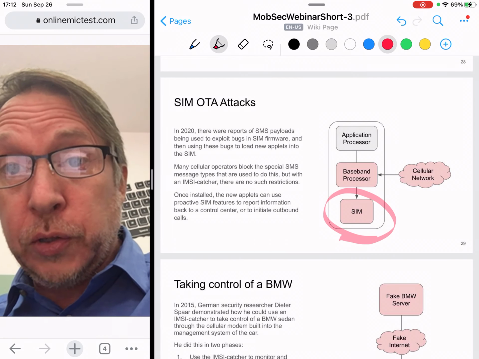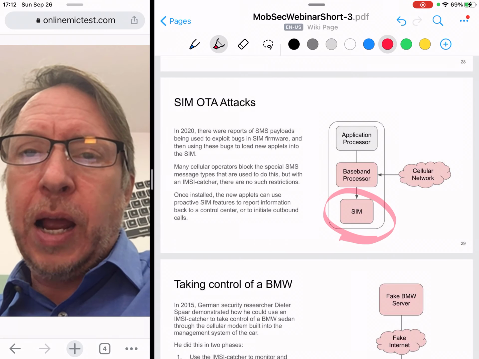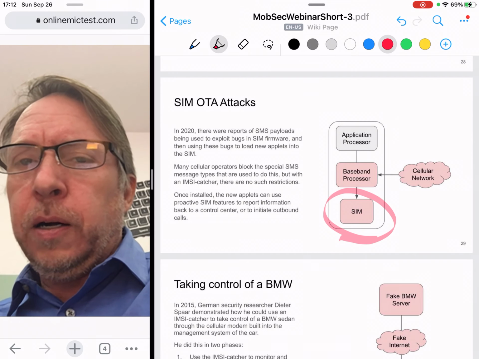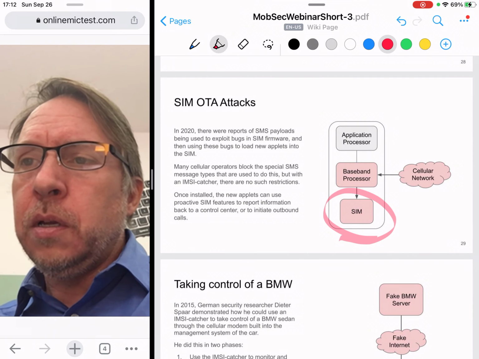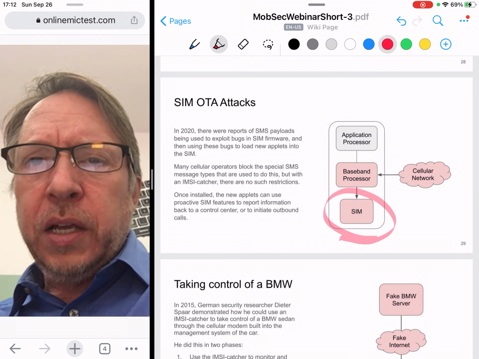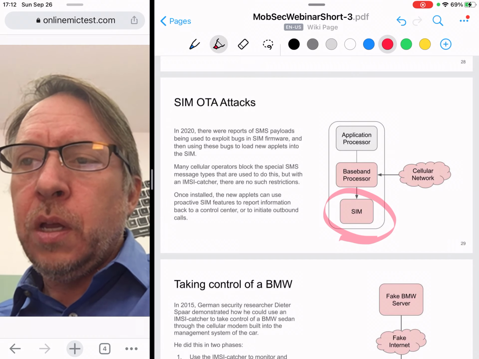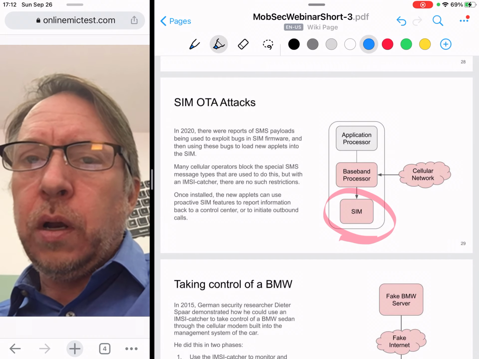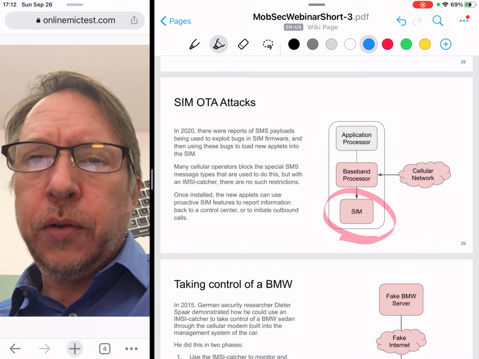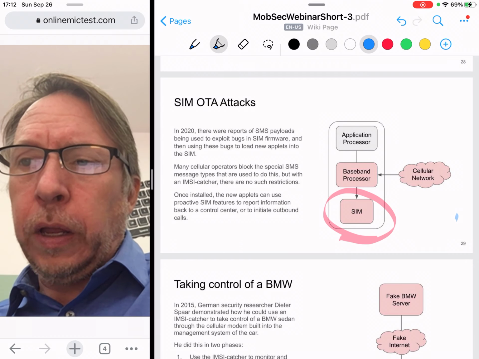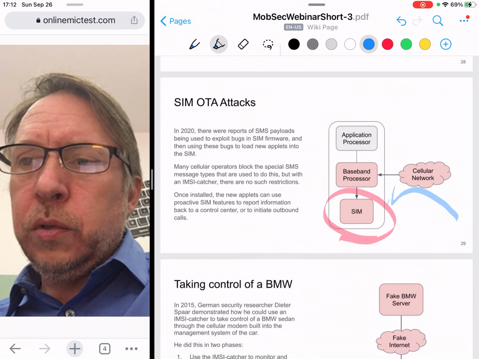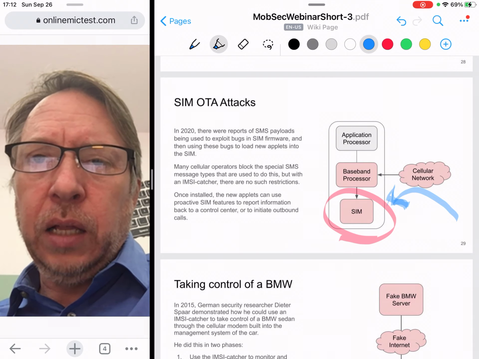Yay, browsers. By exploiting those bugs, it's possible for an unauthorized party to send what are called over-the-air programming payloads through SMS to a SIM and put new apps on the SIM.